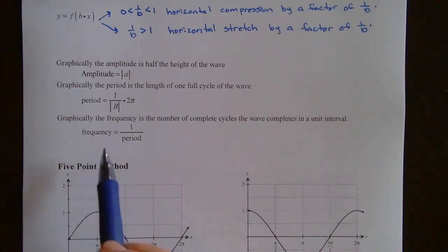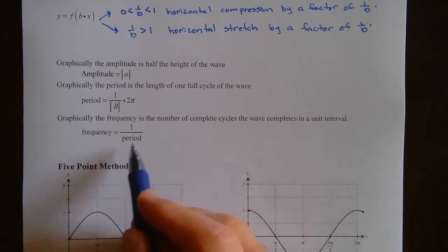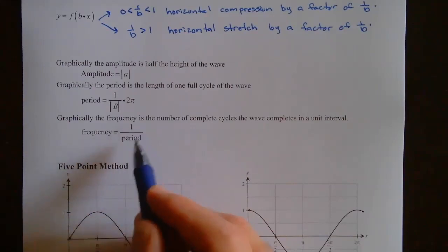But graphically, the frequency is the number of complete cycles in one unit. So from 0 to 1, how much of the wave do you see? If the period is, let's say, 2 units, then how much of that would you see in one? Well, you'd see half of it. So if the period's 2, the frequency would be 1/2.